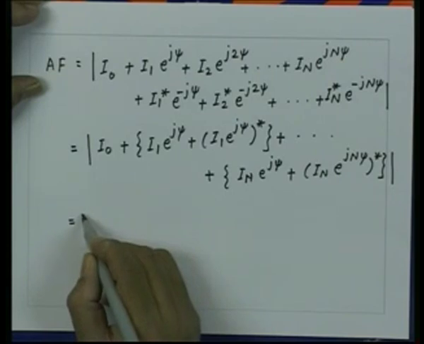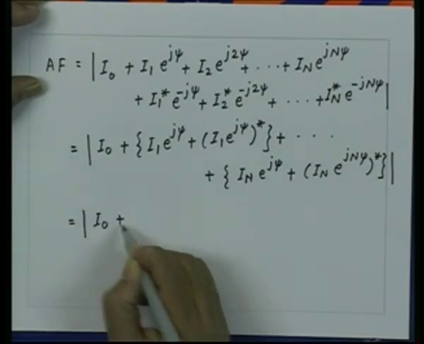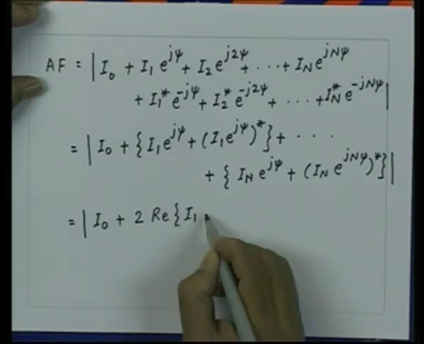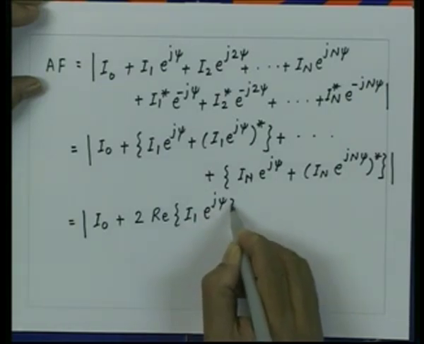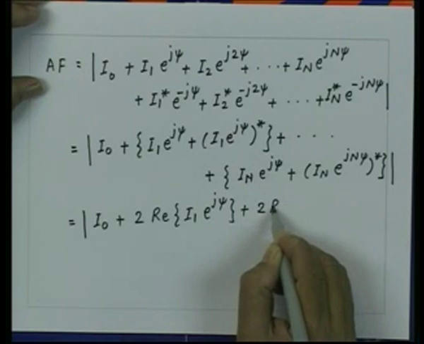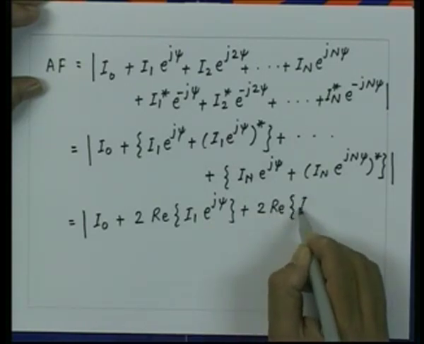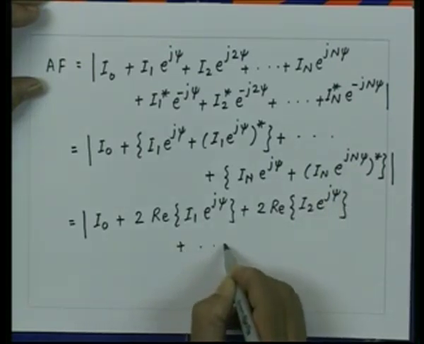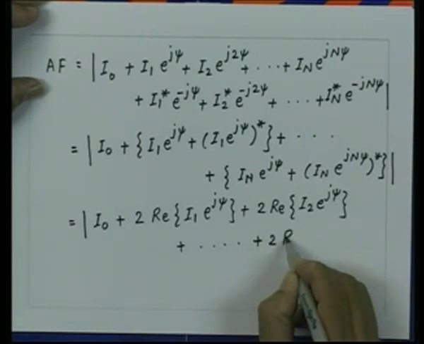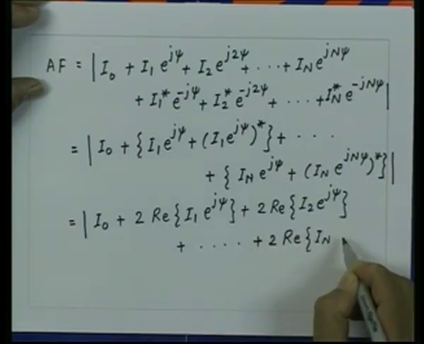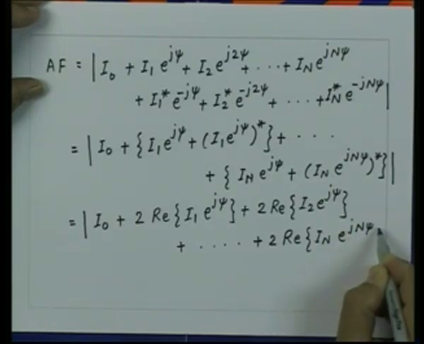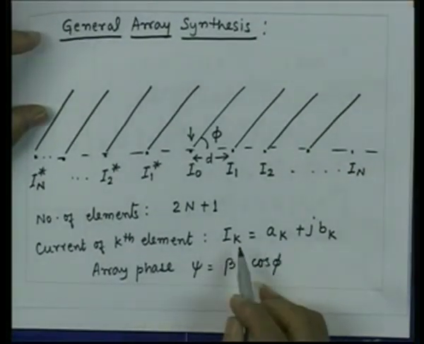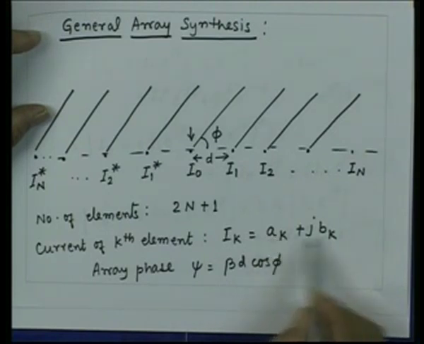So, we can write down the array factor as I0 plus 2 times real part of I1 e to the power j psi plus 2 times real part of I2 e to the power j 2 psi plus and so on, 2 times real part of In e to the power j n psi.